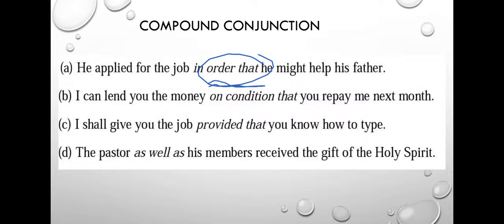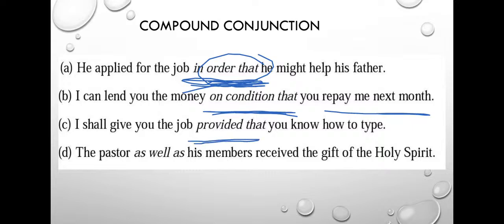I can lend you the money on condition that you repay me next month, okay? I shall give you the job provided that you know how to type. Provided that has a different verb plus conjunction.